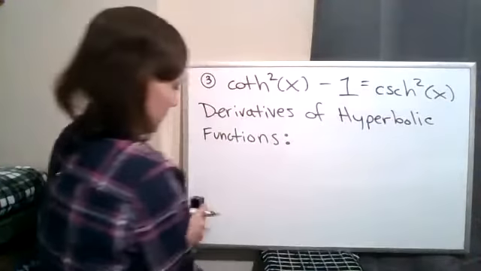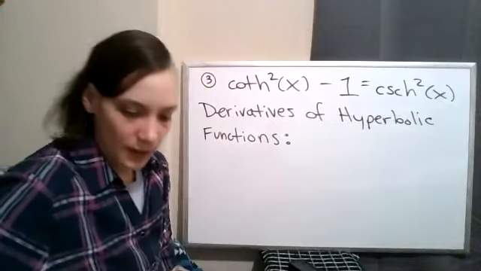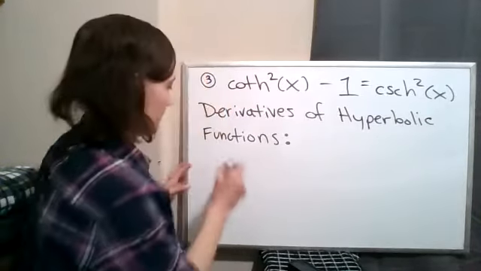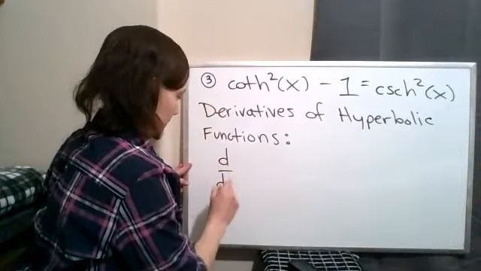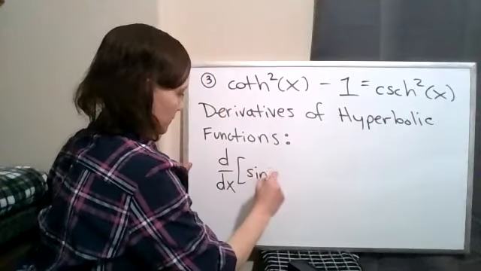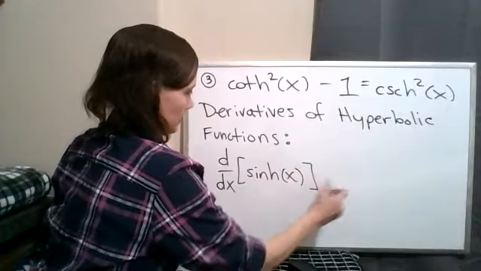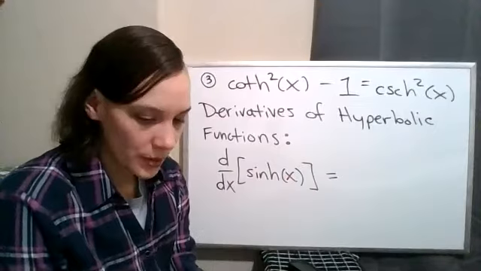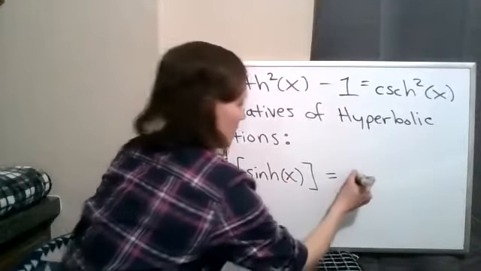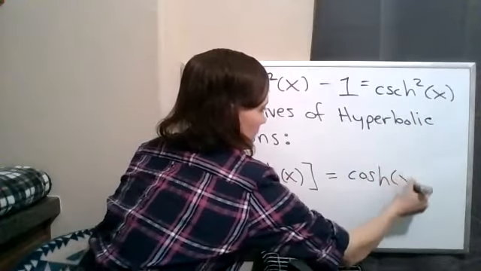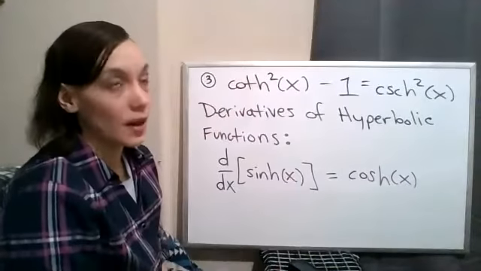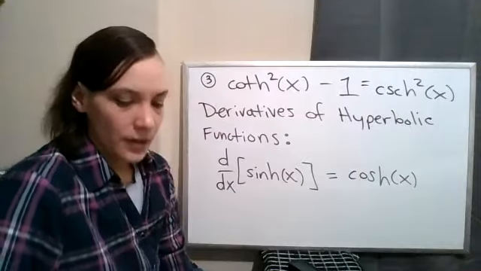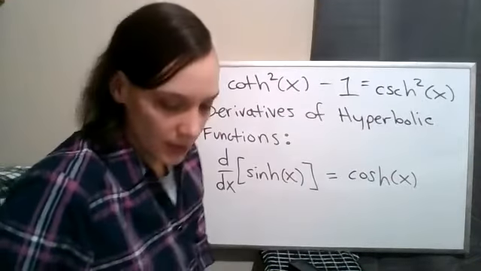Let's do the derivative with respect to x of sinh of x. Equals cosh of x. The derivative of cosh of x is equal to sinh of x.